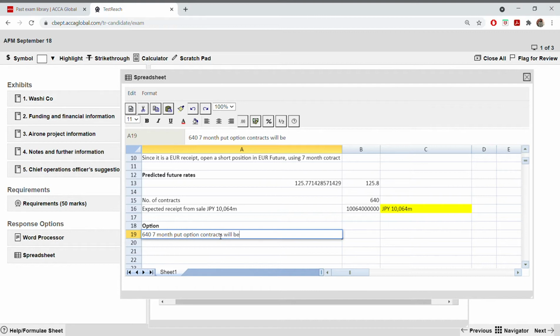will be bought to protect against the depreciation of euro. Because this is a foreign currency receipt, if your foreign currency depreciates, your value when you convert it to Japanese yen will reduce. That's why you have to protect against the depreciation of euro.